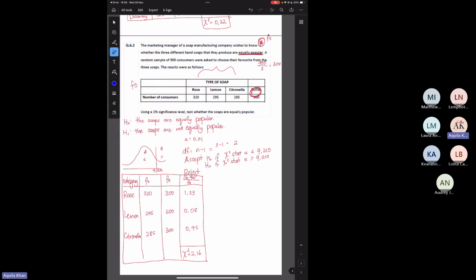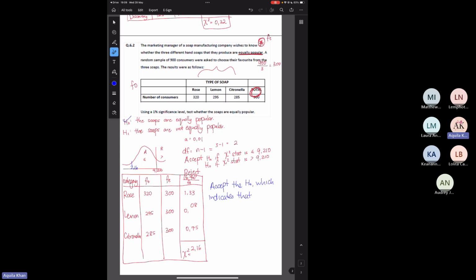And again, now, as I said, I'm just going to change the writing to show you that on the diagram, this would be on the left. So this is then clearly in your region of acceptance. So now to conclude, you're going to say accept the null hypothesis, which indicates that, and now go to your null.